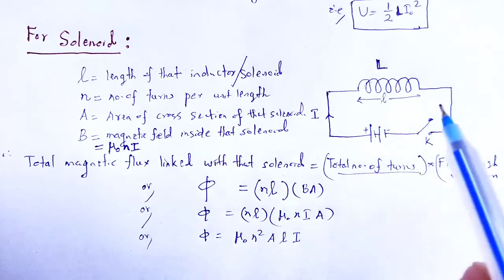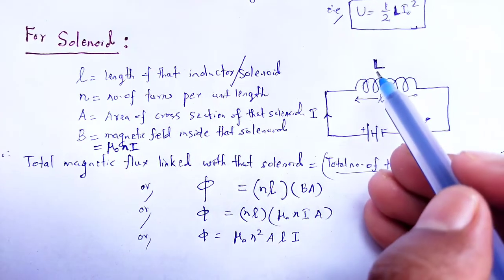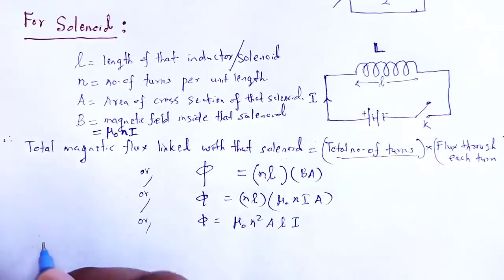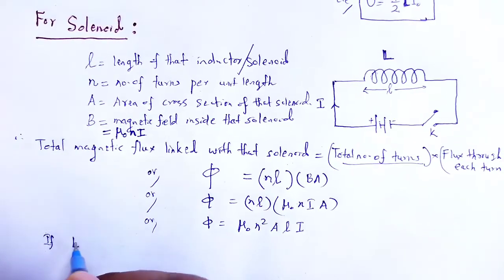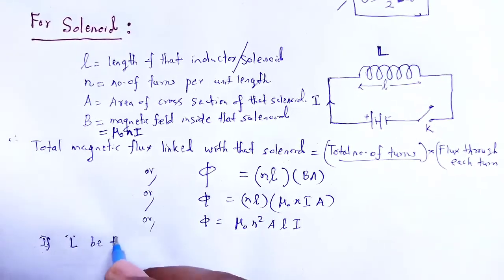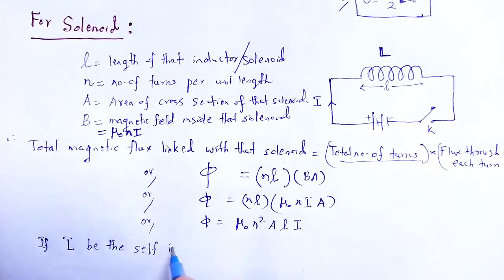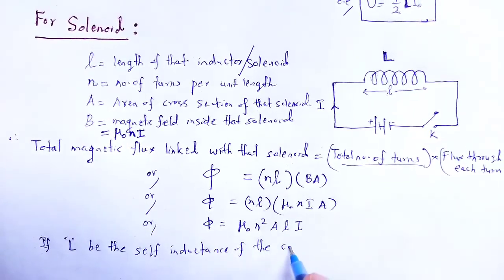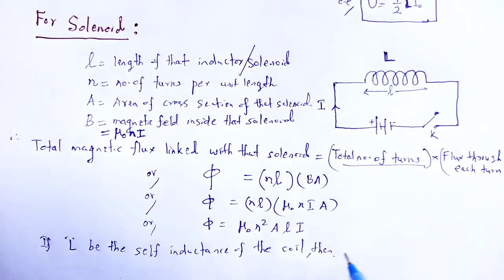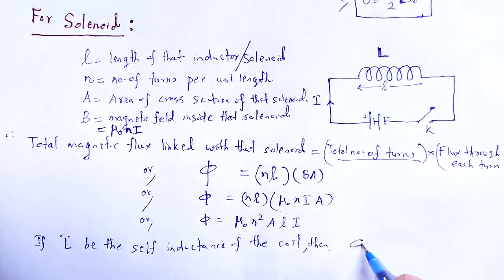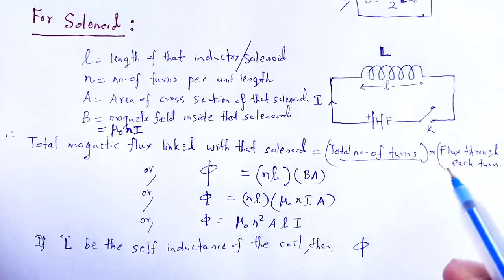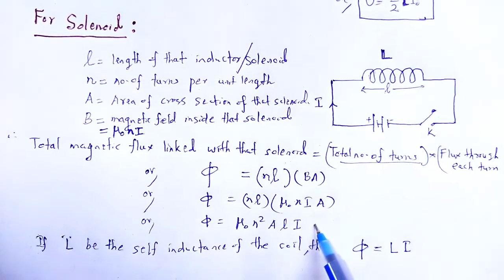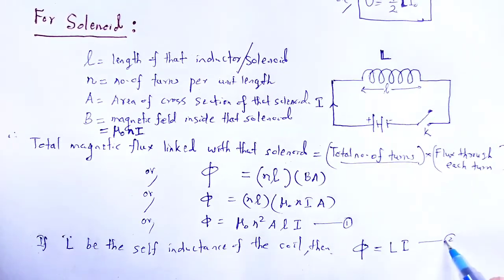If L is the self inductance of the coil, then the total flux through the coil is equal to self inductance into current i. This is equation number 2.